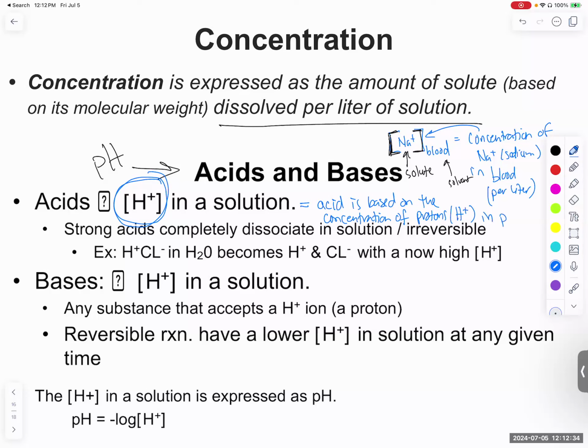In most cases, we're talking about the pH of our blood plasma. If there is a high concentration of protons, then it's going to be acidic. Bases have a low concentration of protons.